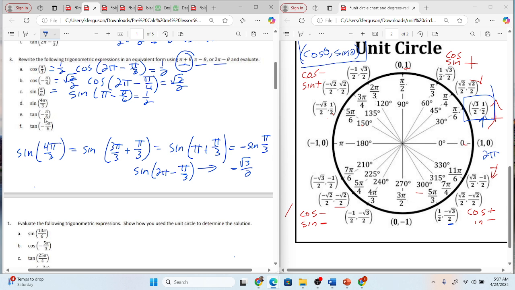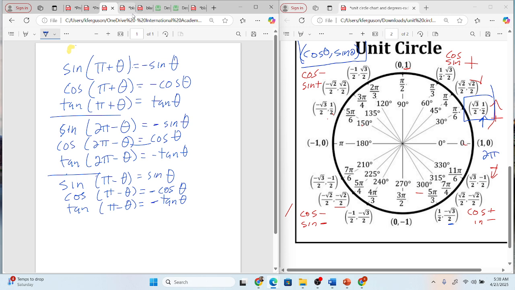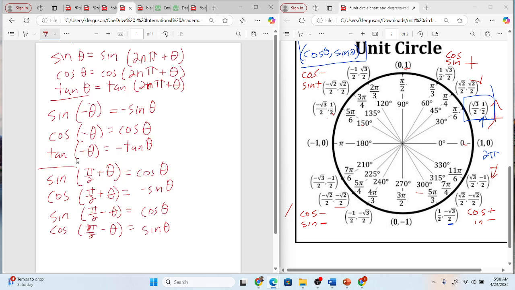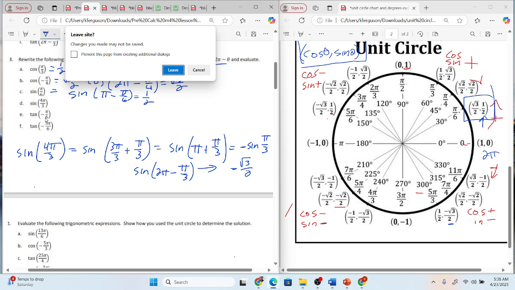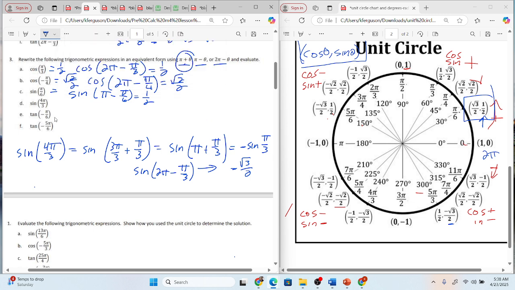Let's jump into tangent. So I need tangent of negative pi over 6. So let's see what we got here. Okay, so tangent of negative theta is negative tangent of theta. So that's negative 30 degrees, right?